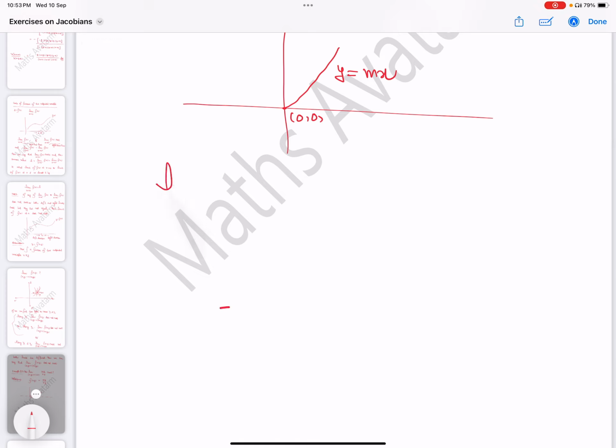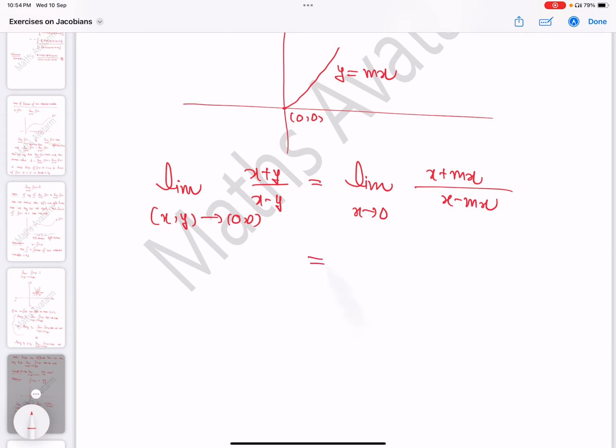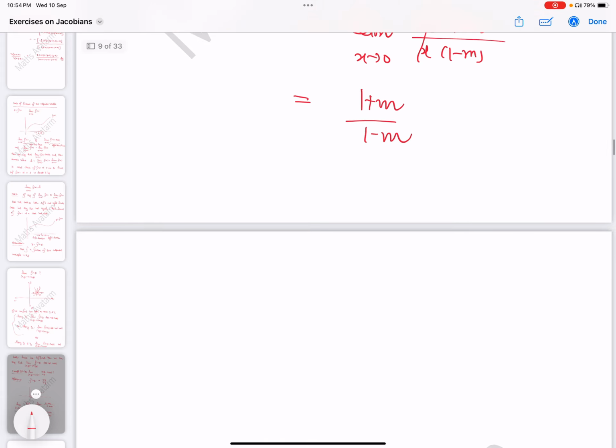So limit. So put this. So if we take two different m, the limit we are getting differently.